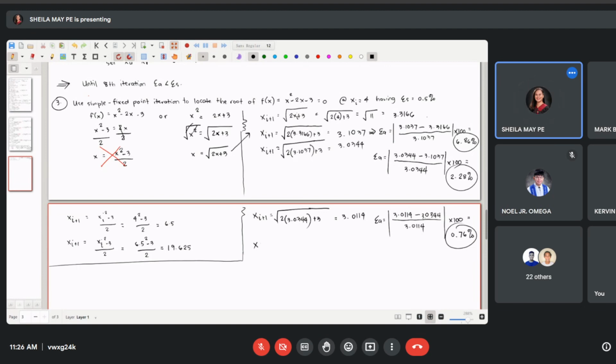So i plus 1. So this is square root of 2 times 3.0114 plus 3.